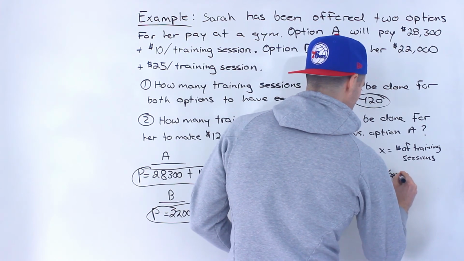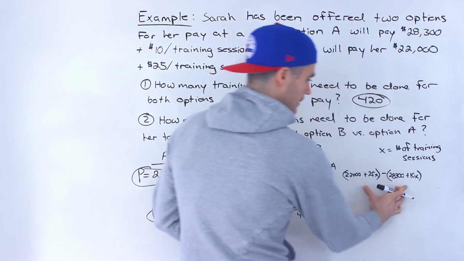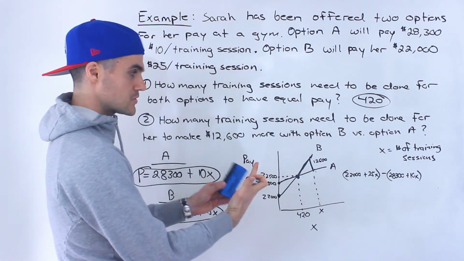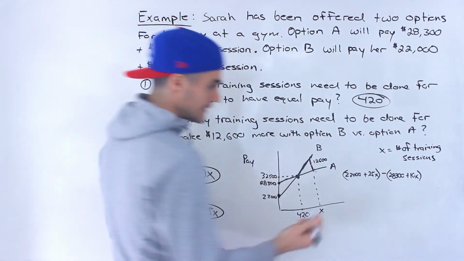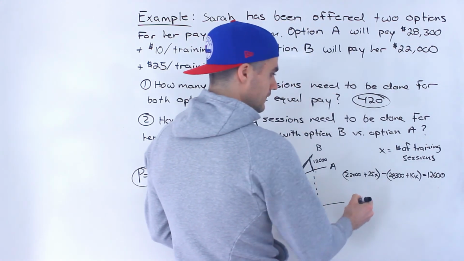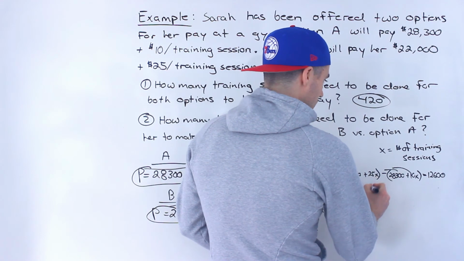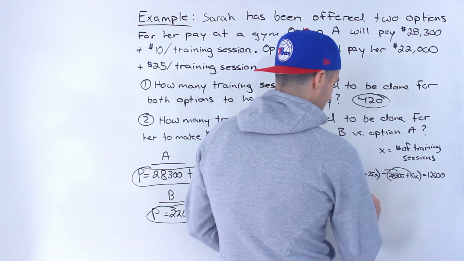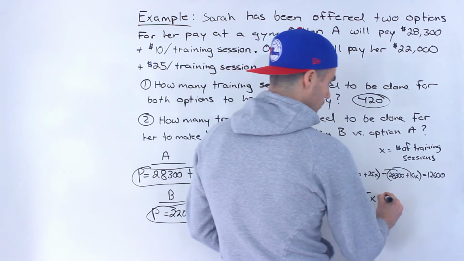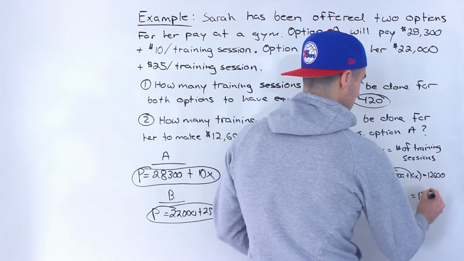There's got to be brackets there because you're subtracting that entire option A pay. So it would be that, and we're looking for when the difference is going to equal 12,600. And then you just solve for x, so you distribute. Here you would end up with 25x minus 10x, which would give us 15x, and then 22,000 minus 28,300, which would give us minus 6,300, like that. And that's going to be 12,600.